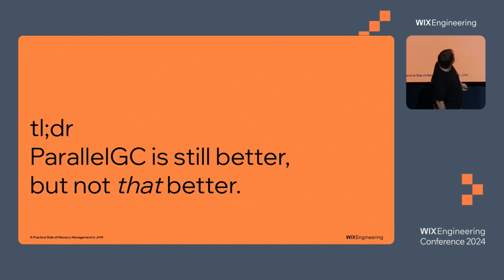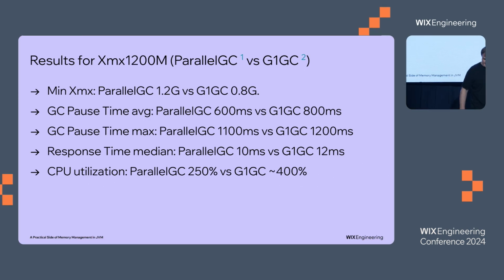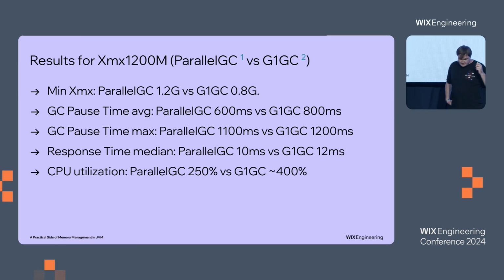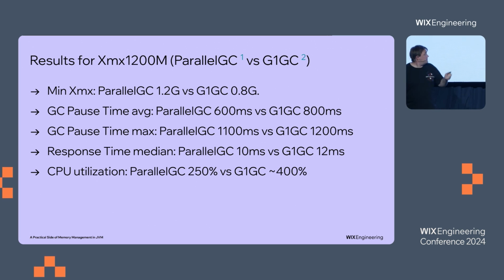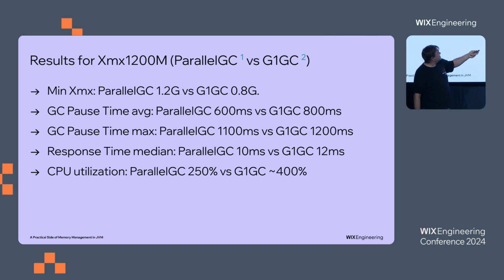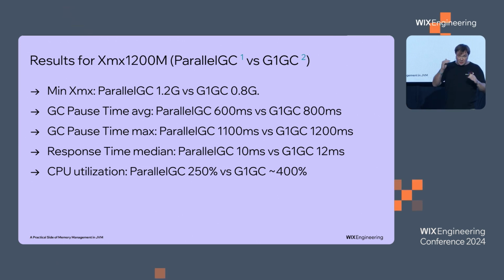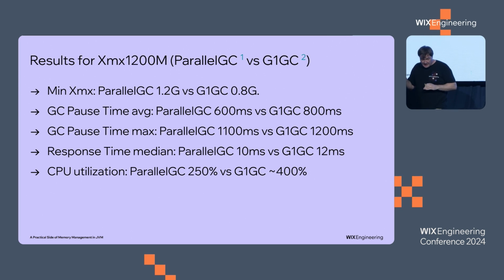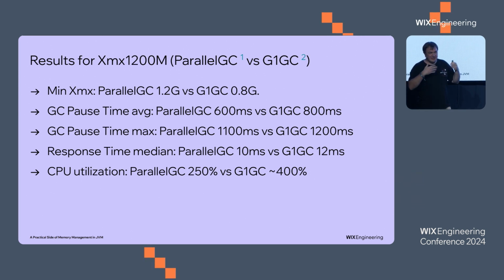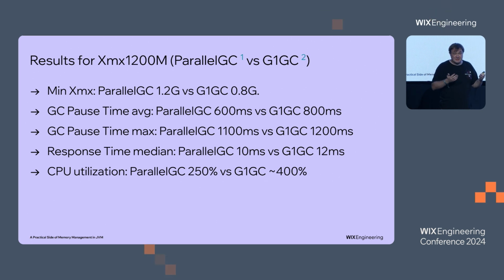Sorry, this. And those are the numbers. Basically, response time is slightly higher in G1 GC. The pause time is also higher in G1 GC, but slightly higher, not like a 10-20% benefit. We actually saw maybe 1-2%, which we cannot actually see on regular graphs in production.